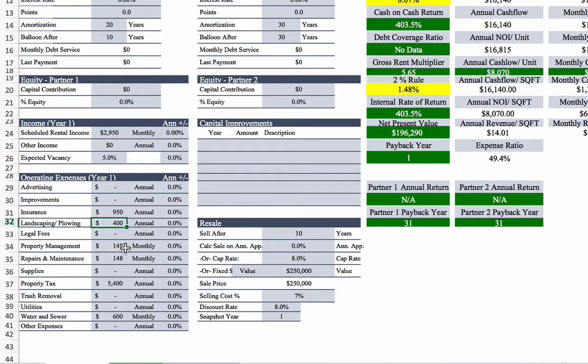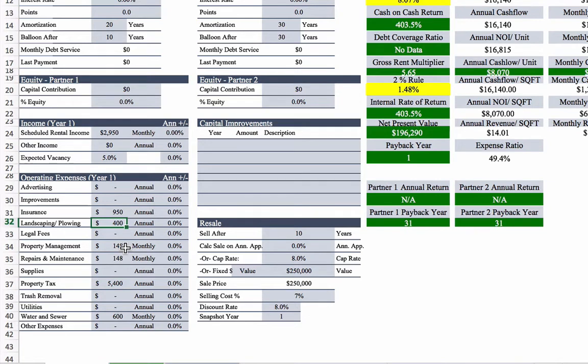It might not be every month, but you'll probably have a few months of 0, 0, 0, and then you'll have a big repair, a hot water tank or something. So always have something in there. That's a good practice. And then the property management, even if you're doing it yourself, give yourself some credit for it there.